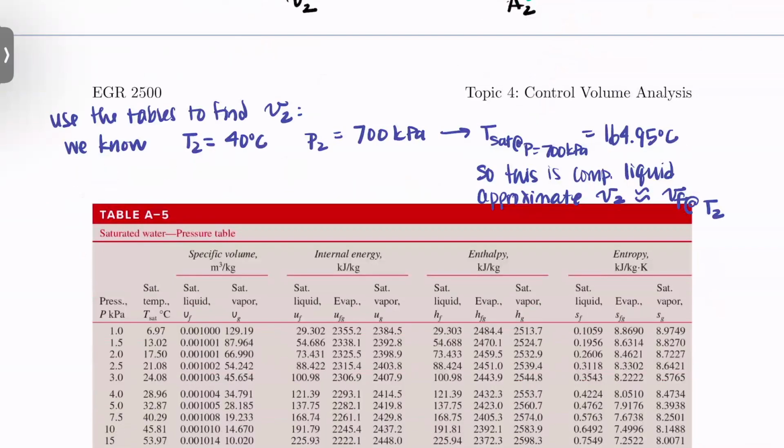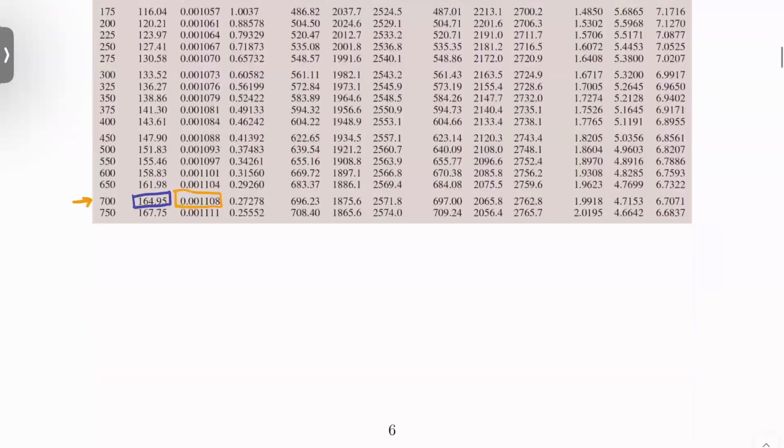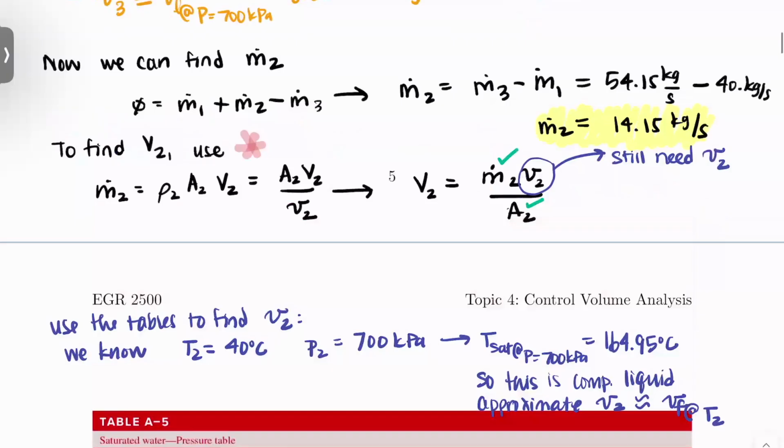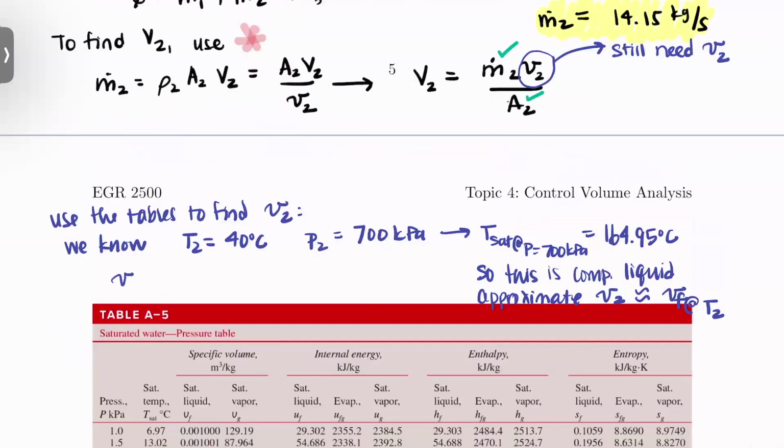So we are going to use our temperature table and go to 40 degrees C, and we will use this specific volume. So we have that V2 is equal to vf at T2, which is 0.001008 meters cubed per kilogram.